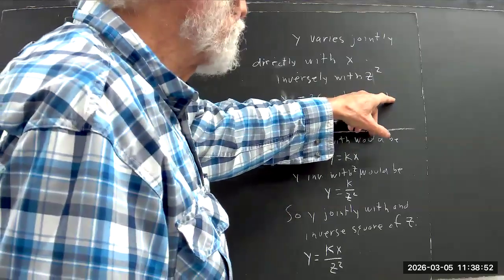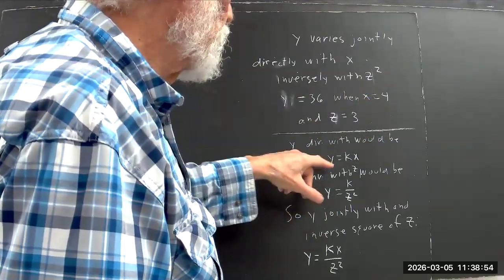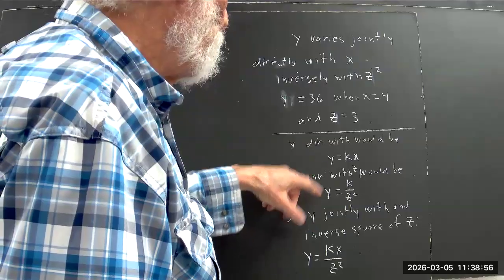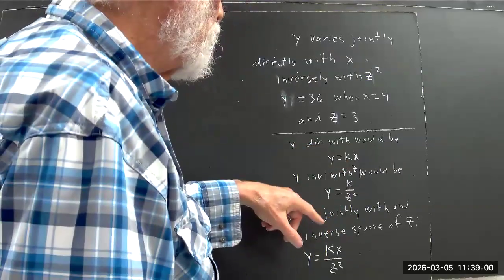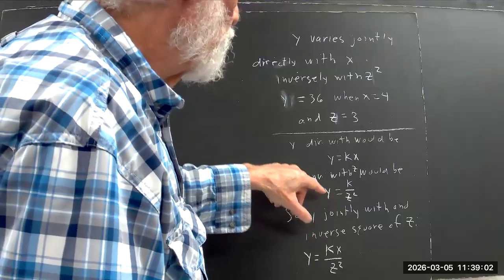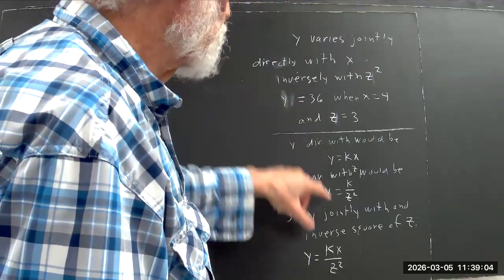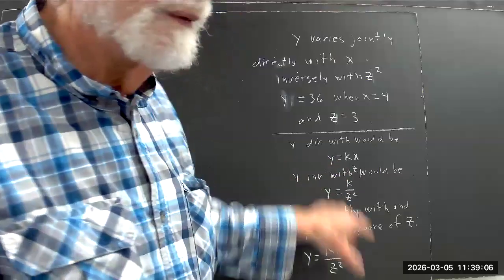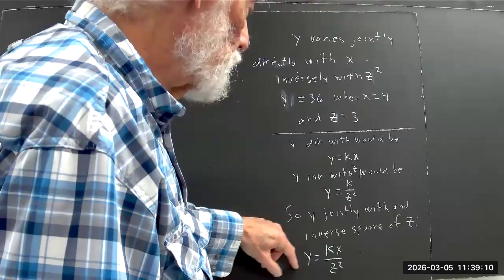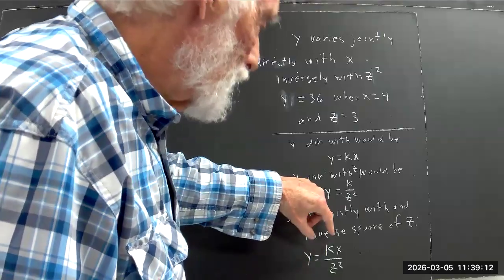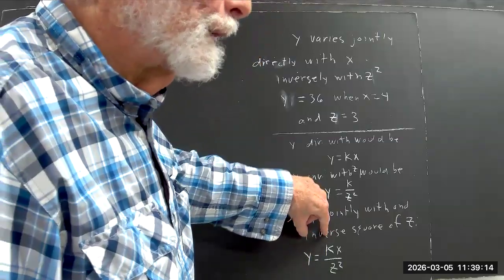Now, if you took the x equals 4 and the y equals 36 here, you'd get a different value of k than you would if you used y equals 36 and z equals 3 here. So this would give you a different k than this one, but when you write it jointly, you get a still different k.